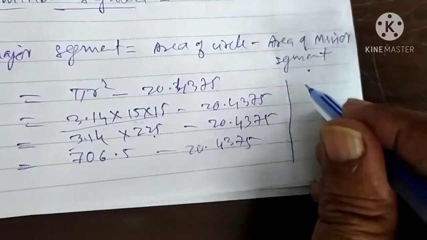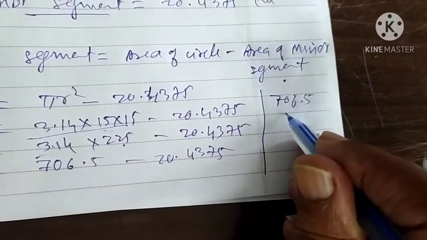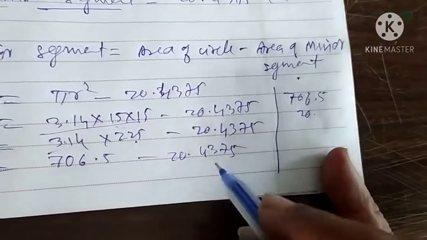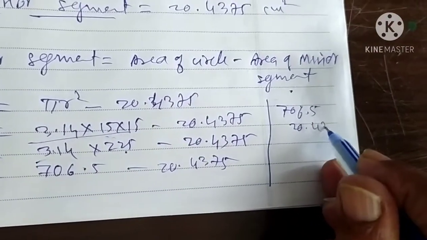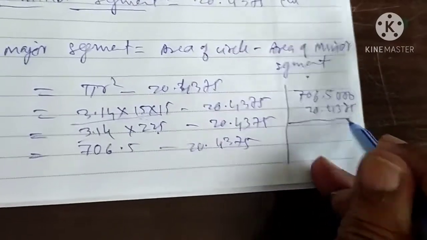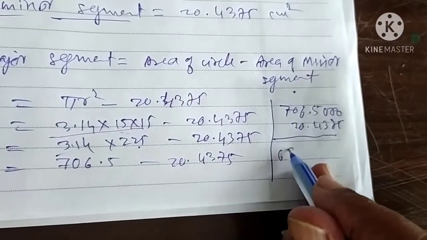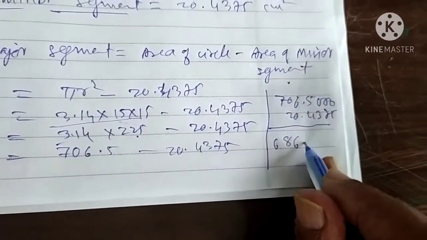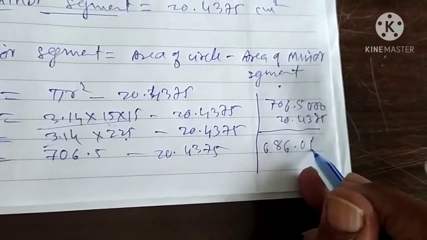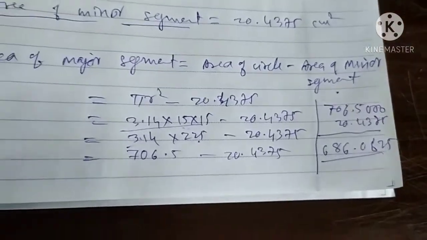Subtract this. After subtraction, look here. This subtraction is very important. Here there are 4 places, so be careful. No great hurry, write properly. After subtraction, you will get 686.0625. Okay, this is the area of the major segment.